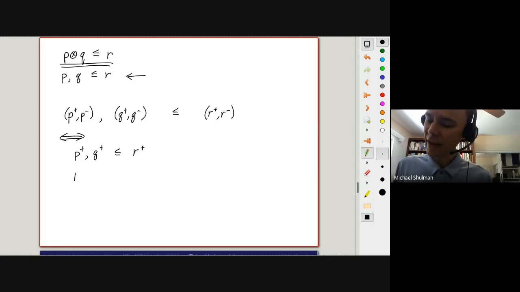And now what can I say if I have a refutation of P? Well, other way around. What can I say if I have a refutation of R?